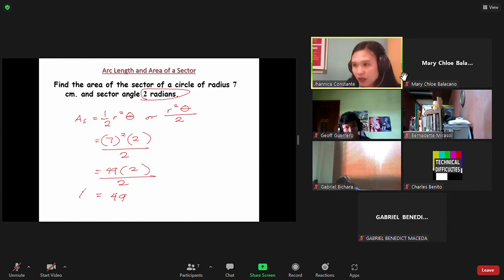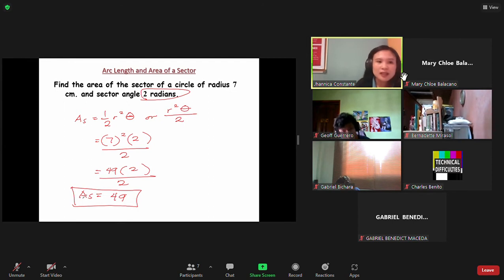So the area of a sector that has a radius of 7 centimeter and an angle which is 2 radians is equal to 49 centimeters squared. Since it's area, the unit that we have for the area of sector is 49 centimeter squared, given that the radius is centimeter in unit.